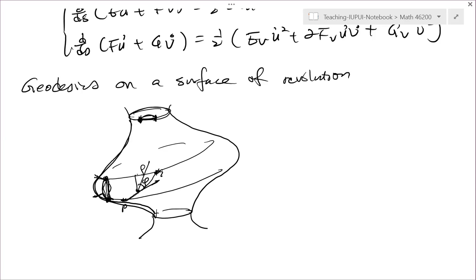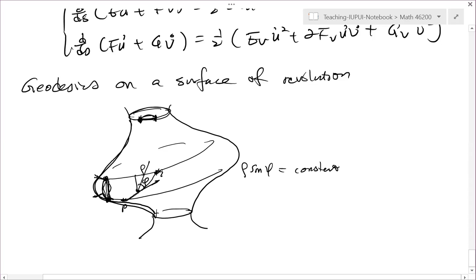That theorem is not trivial, but it was discovered by a French mathematician. That's why the theorem is named after him, right? Rho times sine phi is constant.